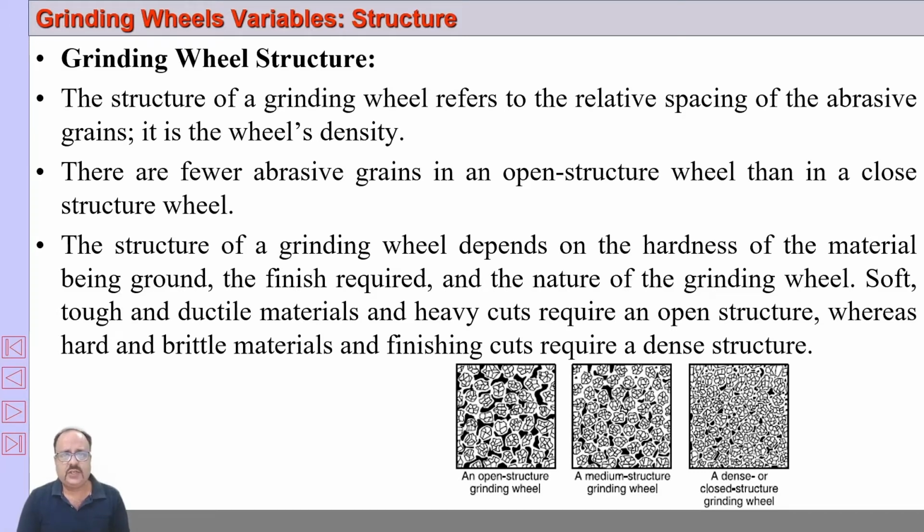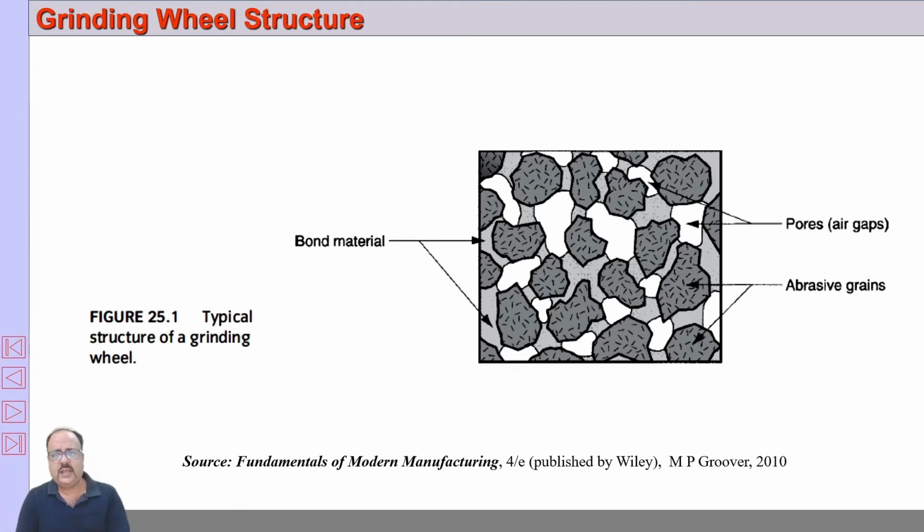So open structure is normally used for machining soft and ductile material and for rough grinding, whereas for fine finish and for machining hard material, closed or denser structure is used. The structure is denoted by 1 to 15, 1 denoting the denser and 15 denoting the more open structure.